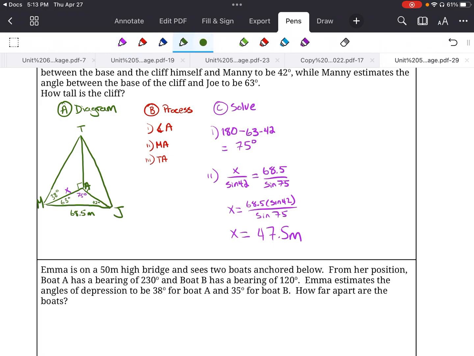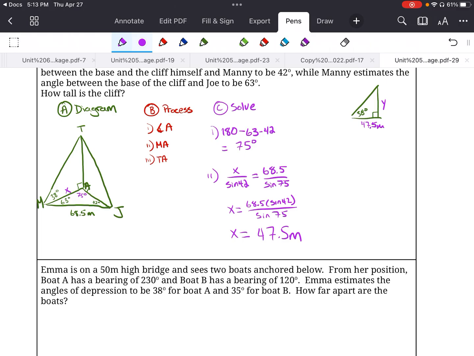I'm just going to quickly draw what's left because we have the Manny triangle. It looks like this. It's 90. Manny's looking up at 38 degrees. We just figured out that the bottom of this triangle is 47.5 meters, and we want to find y.